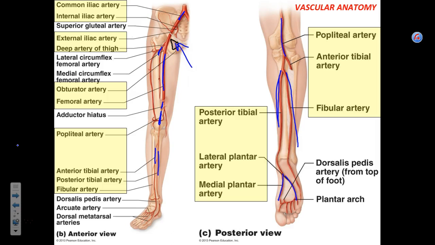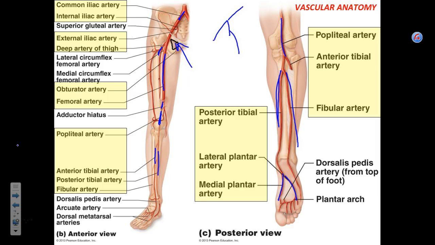So if we would like to picture how it goes down, you have common iliac, then you have external iliac and internal iliac. From internal iliac, you have obturator.